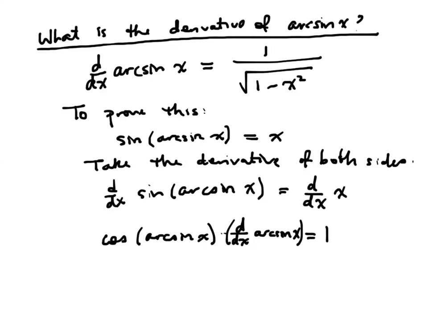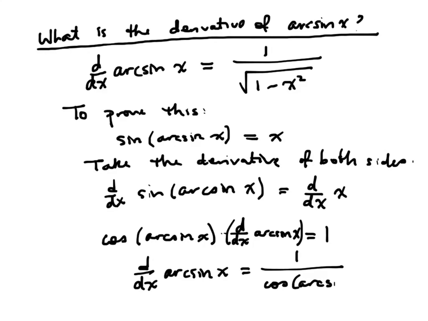Arcsine of x is the input for cosine, so it's not that cosine is getting multiplied by arcsine or anything like that. We're going to divide by that one unit, and we'll get that the derivative of arcsine of x is equal to 1 over cosine of arcsine of x. Okay?